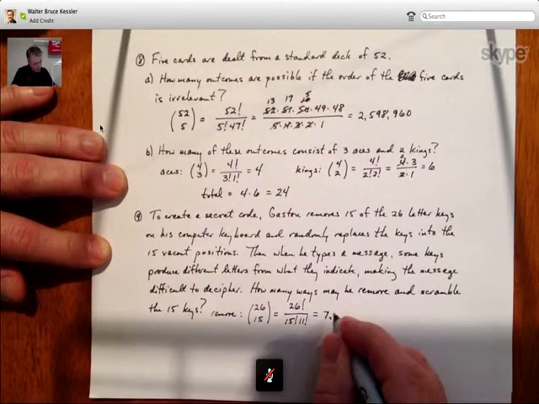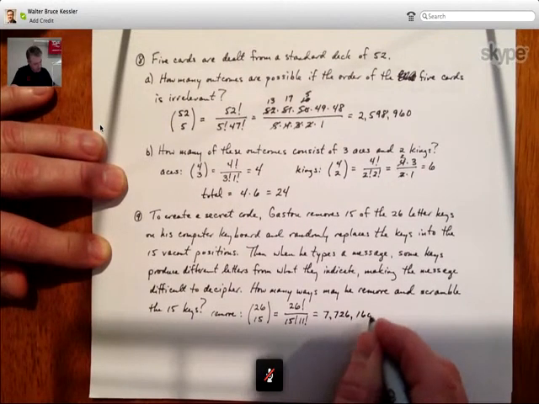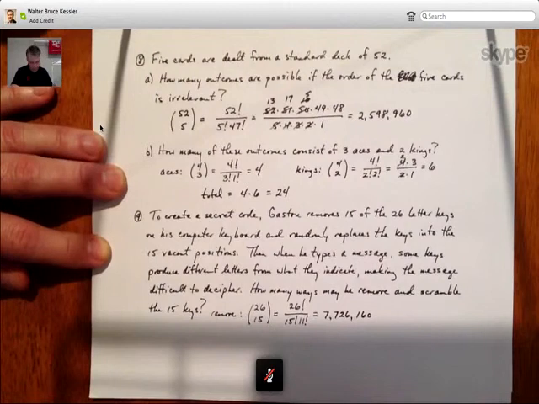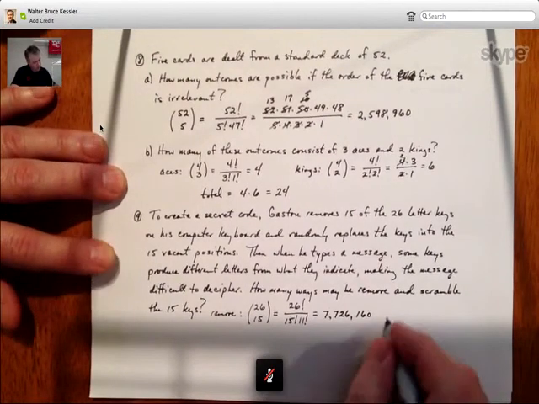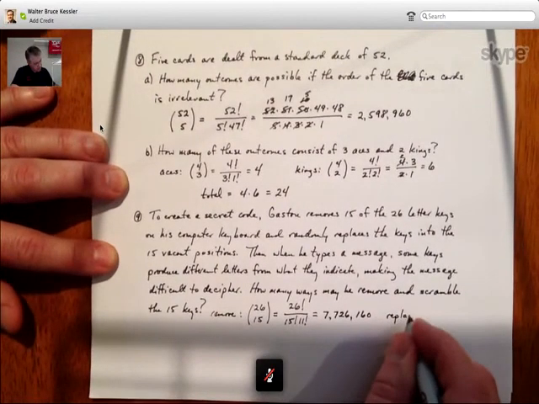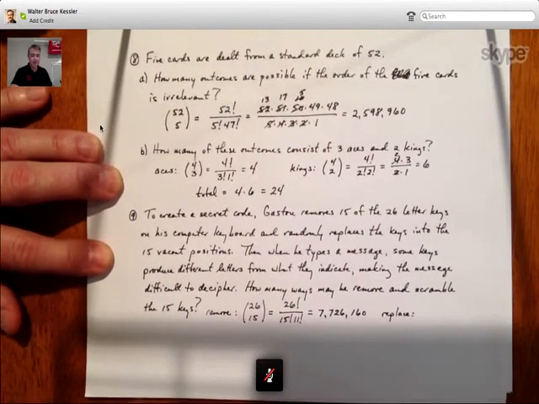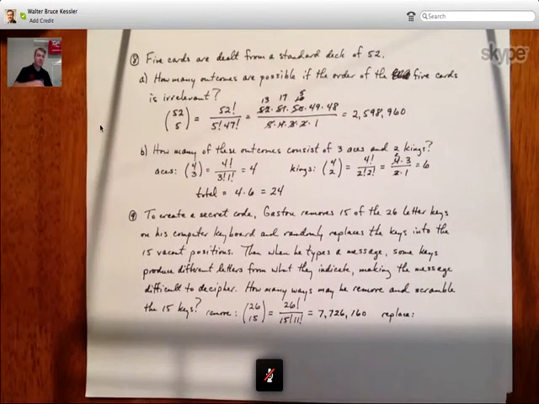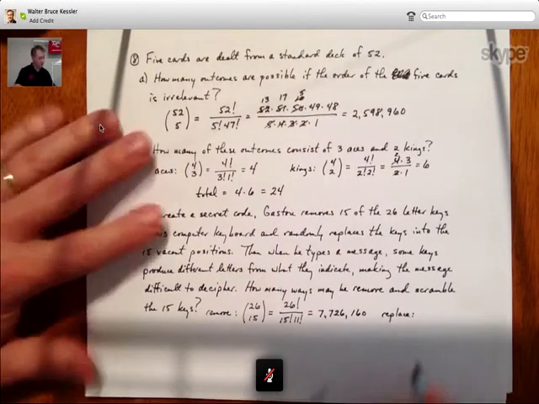This is 7,726,160 different ways of doing that. And then there's the replace. This is actually an easier calculation, right? You've got 15 choices for the first empty key, 14 for the next, 13 for the next, all the way down.